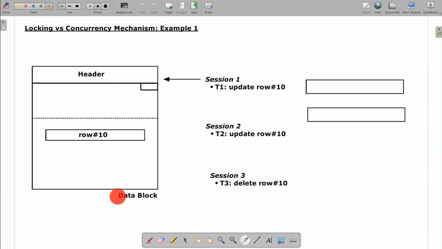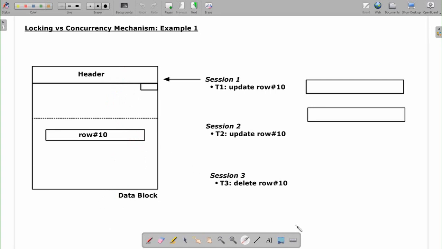The block consists of a header and reserved free space to support update statements. And also, we have the data section, so your data is stored in the data section.